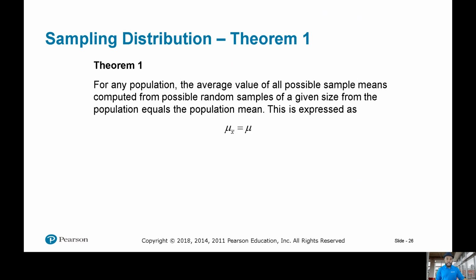Again, as n, the sample size, increases and gets very large, this becomes really true. So here we can see that the average of the sample means is equal to the population mean. This is actually known as the law of large numbers.